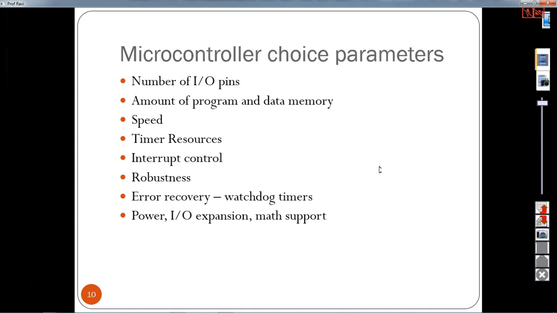And I/O expansion facility, whether you can expand the input output facility or not. Every 8051 we have seen has 32 I/O pins, 4 ports: port 0, port 1, port 2, and port 3. But if I need more, can I extend it or not?